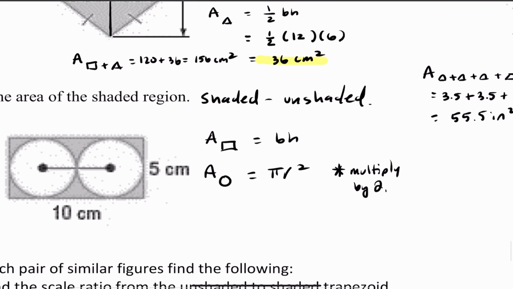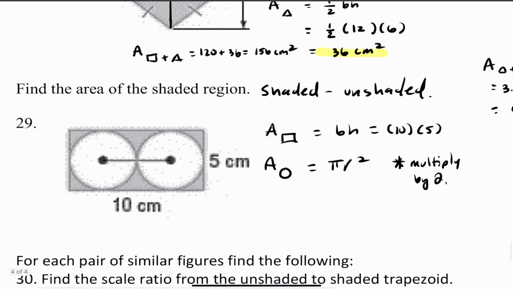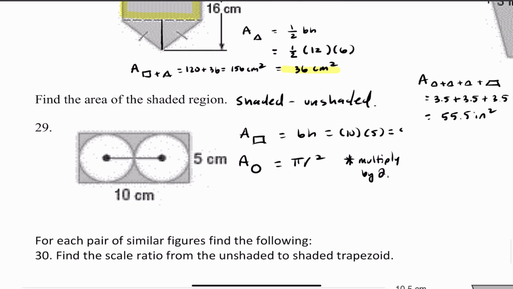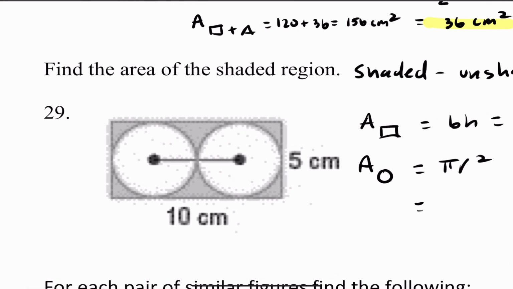All right, so what's the base? The base is 10. And the height is 5. So the area of a rectangle is 50 centimeters squared. So I'm going to highlight that and keep that in mind. The area of a circle, okay, we need to find the radius.